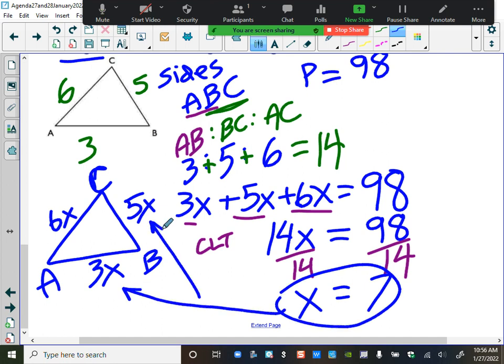Boom, boom, boom. Plug them in, and then you'll get your numbers: 42, 35, 21.